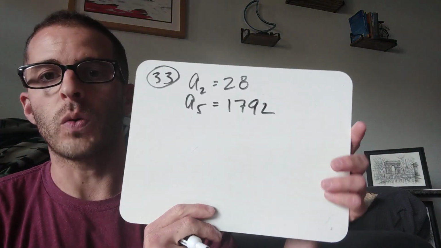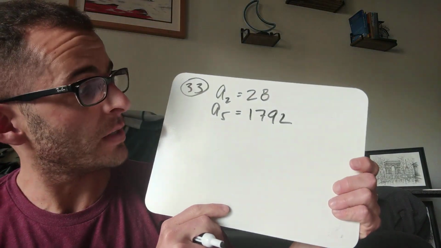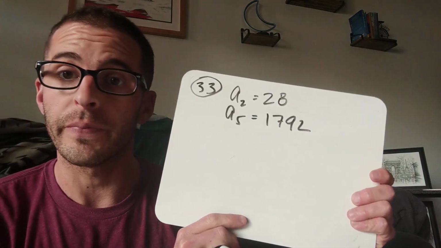So if you're done with number 25 and you checked your answer in the back of the book, let's move on to number 33, where they don't give us the easy information. They just tell us 2 random pieces of data. The second term is 28, and the 5th term is 1,792.